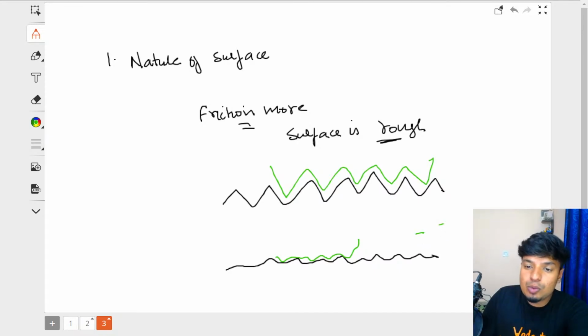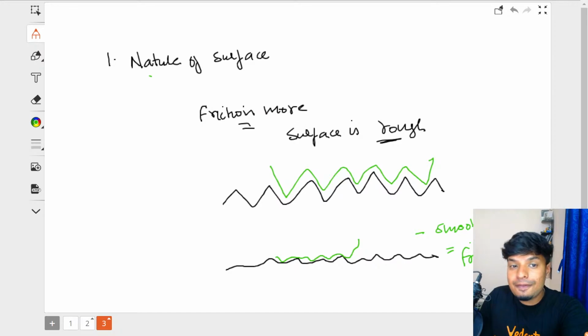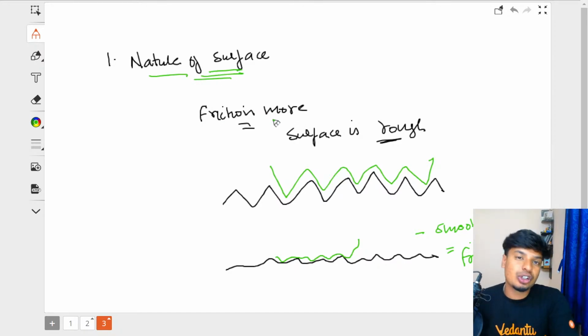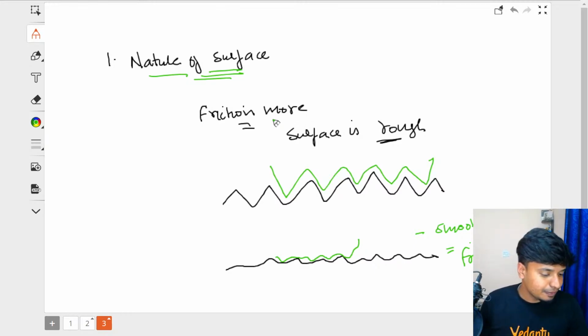So this will be a smooth surface, so friction will be less. This is how the surface alters the friction. The friction depends on the nature of the surface. I hope you guys are clear with this, right? Yes.